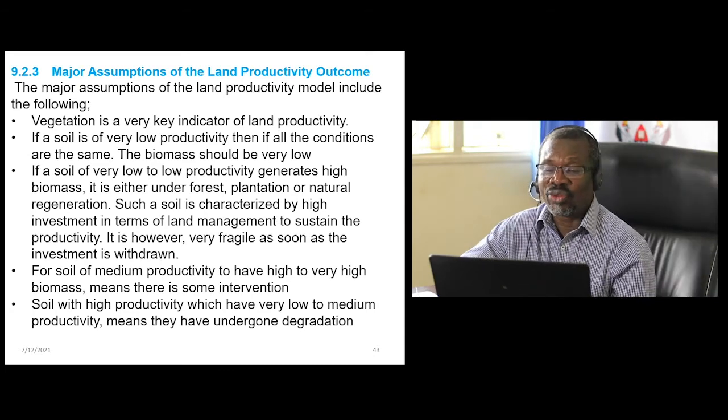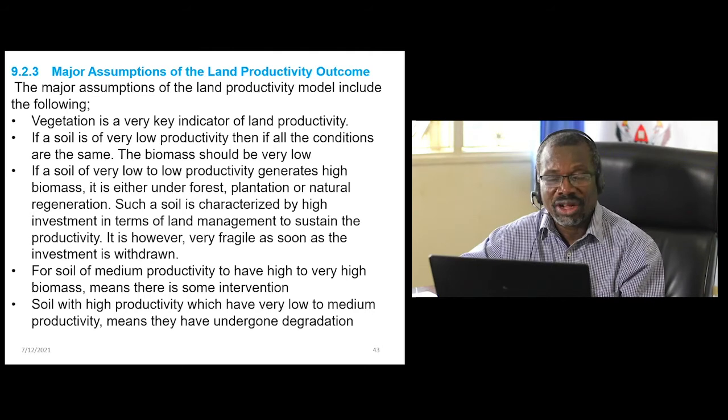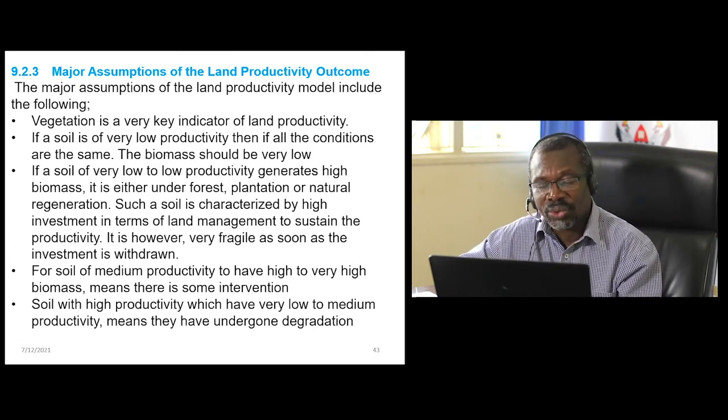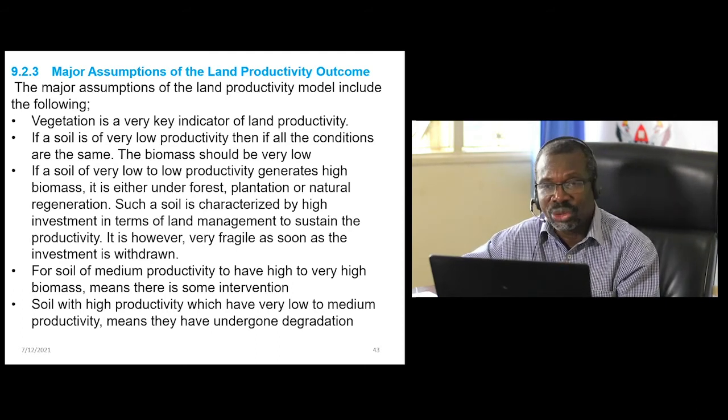then if we see very big biomass, it actually means we have in front of us either a forest or a plantation or natural regeneration. So those are the things we are looking for, and we cross-check with our estimates. Then for soil of medium productivity, to have high to very high biomass, that generally means there was an intervention made.